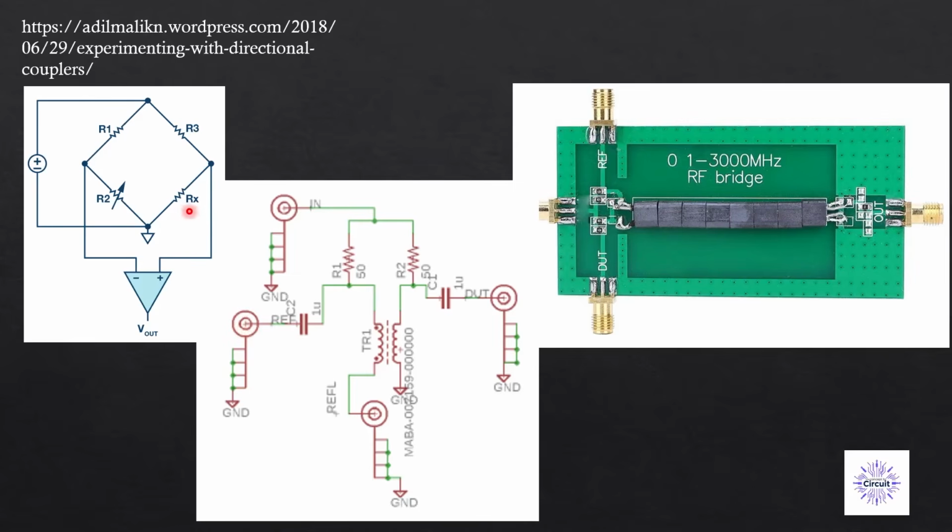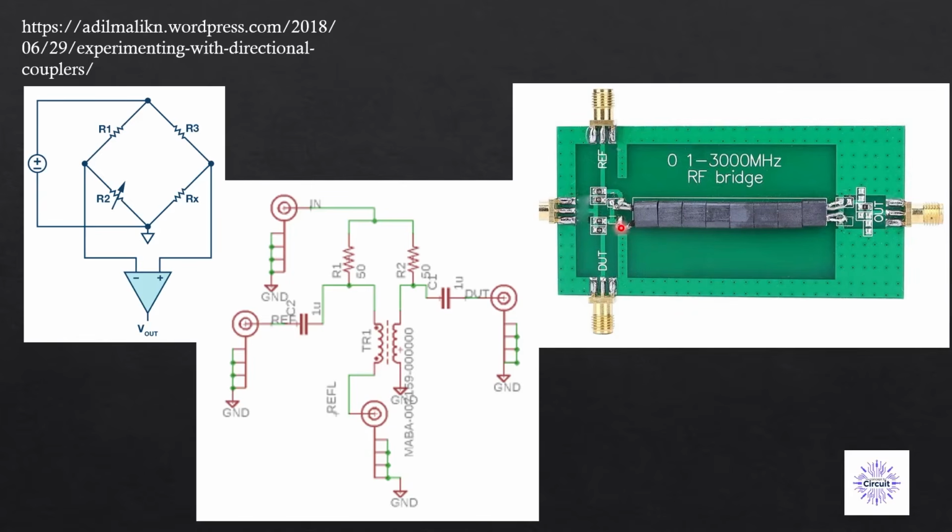Therefore, based on our device under test impedance, this differential voltage changes, and after the balun, it becomes single-ended. Then when we connect this to our ADALM Pluto, we can read and calculate this voltage amplitude and measure our S11.